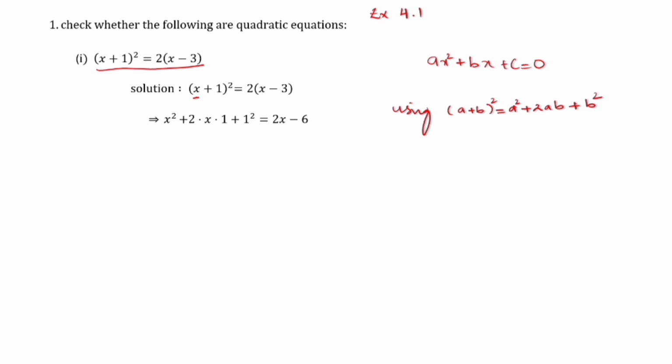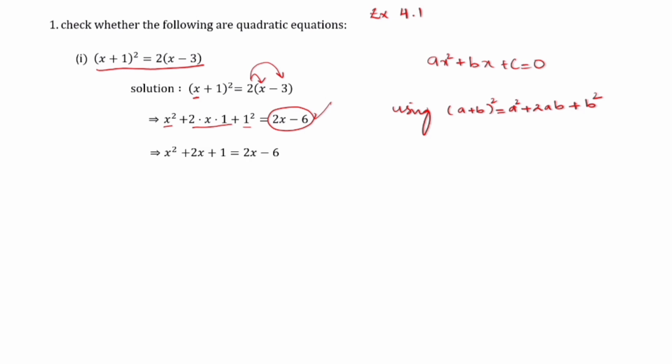So after using this formula here, we will have x squared plus 2x into 1 plus 1 squared is equal to, and the right hand side over here will give me 2 into x, which is 2x. If there is nothing here, it means there is a plus sign. So plus with minus will give me minus, and 2 into 3 will give me 6.